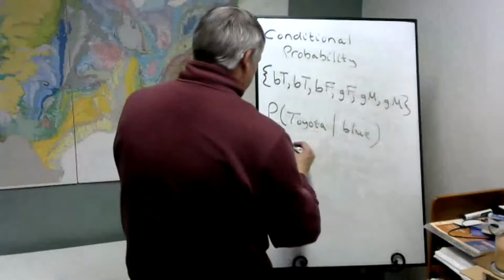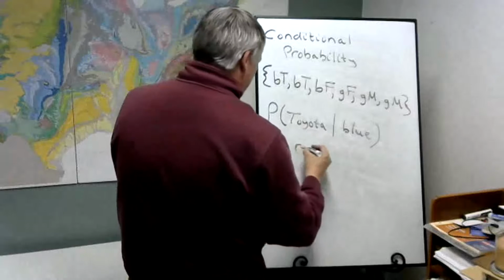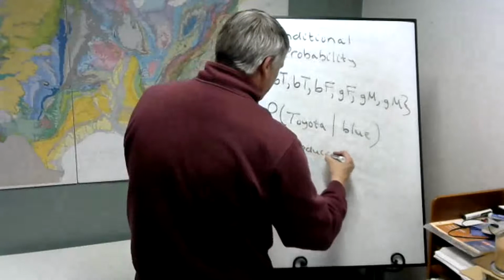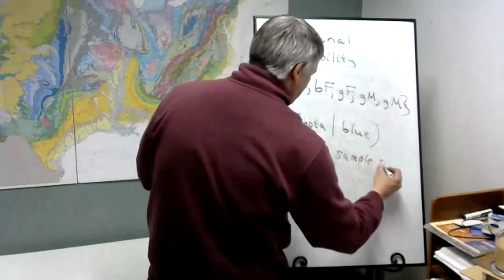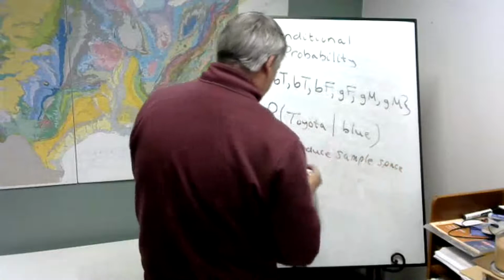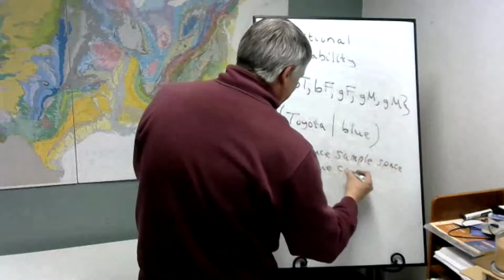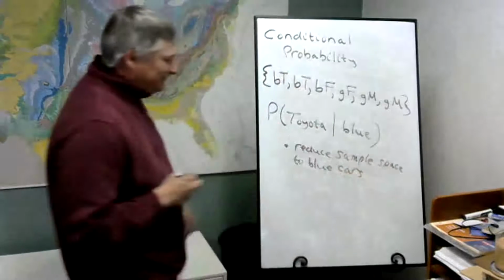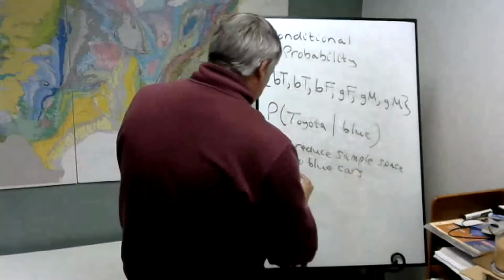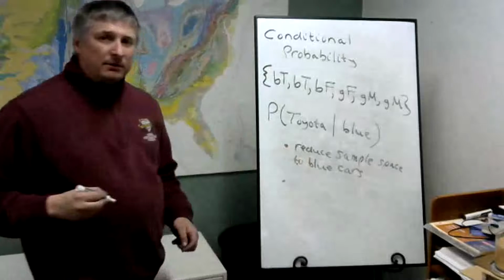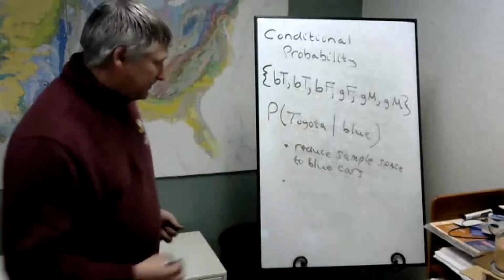So what this says is this. First off, focus on this. Reduce our sample space to blue cars. And then once we've done that, we ask, what's the probability of getting a Toyota amongst the blue cars?